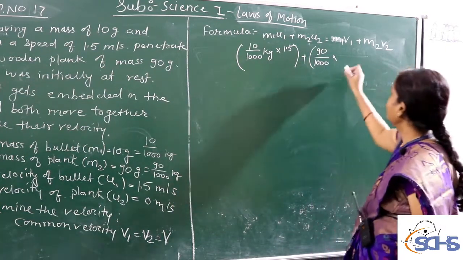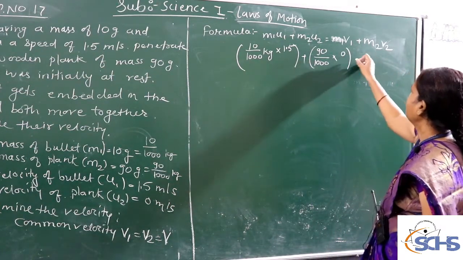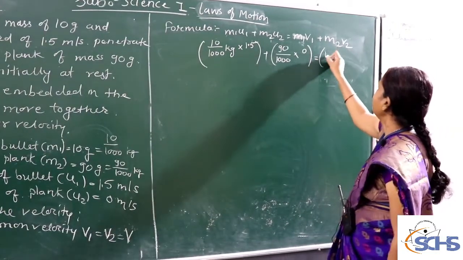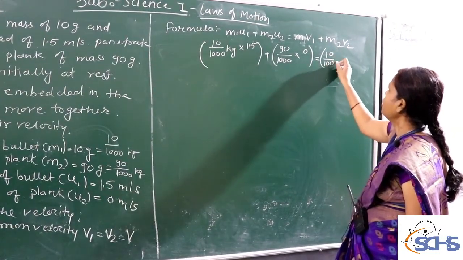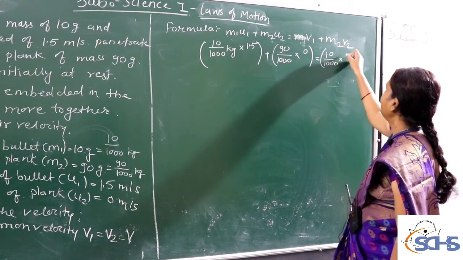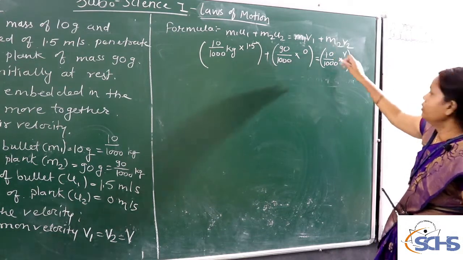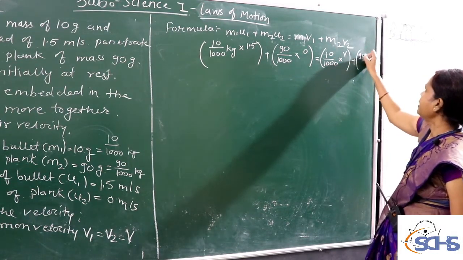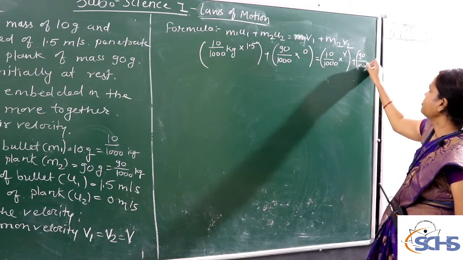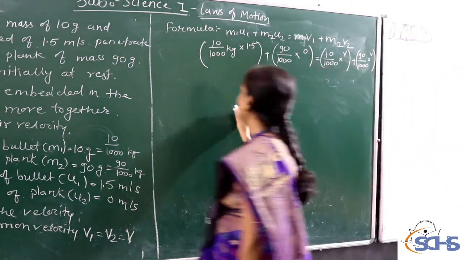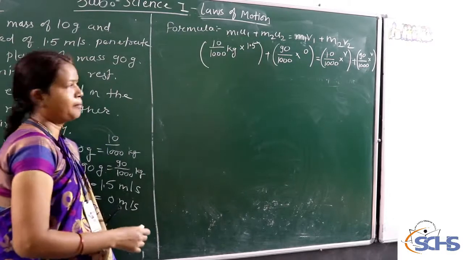It is given 0 is equal to, again m1, it is 10 upon 1000 multiply v, plus what is our m2? It is 90 upon 1000 multiply v. Okay, now solve this step.